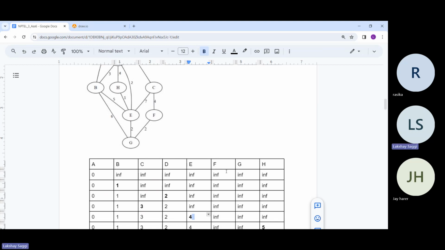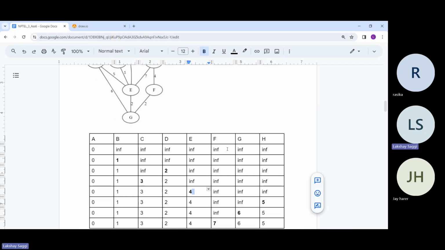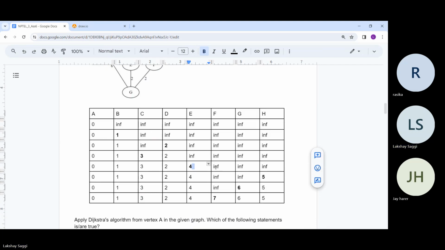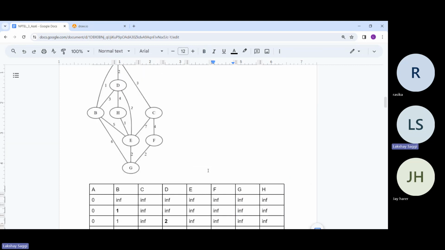At all points of time, we only look at the neighbors which are already visited. We don't look at the unvisited neighbors. So let's say we have these F, G, and H, and we need to fix the distance for one of these. First let's see the vertex H here.